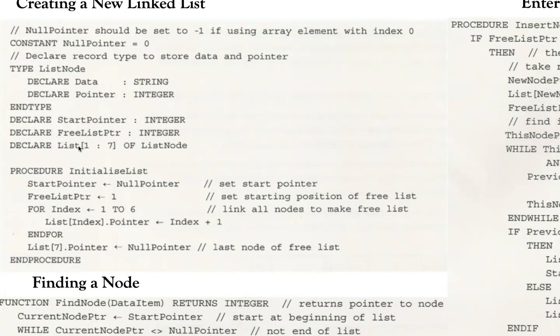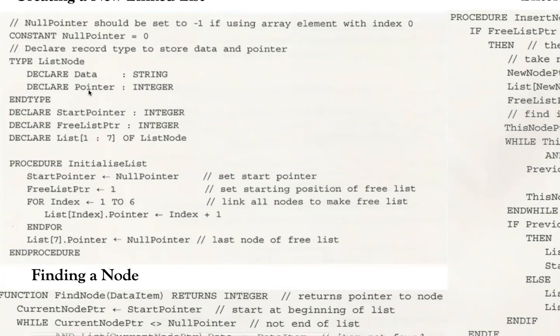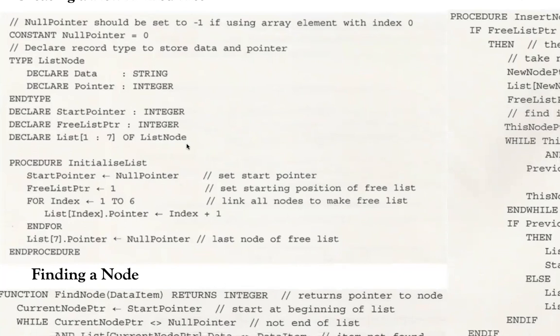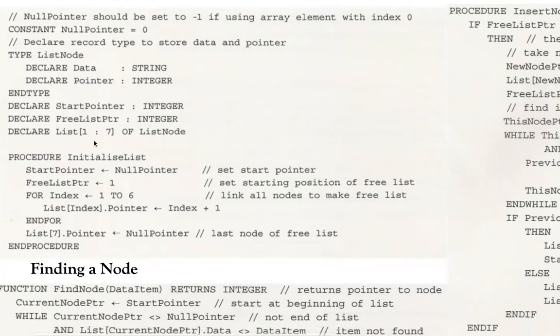So basically this array is of size 7, index position 1 to 7, and the type for this array is list node. So basically each index position of list array will actually be a list node with 2 items, data and pointer, not an integer, not a string, not a boolean type. Each index position of list will hold a list node.